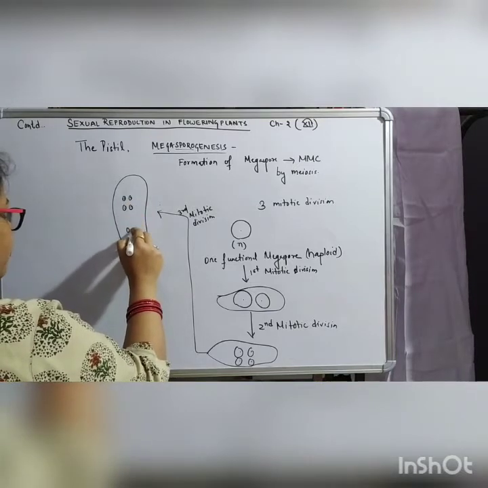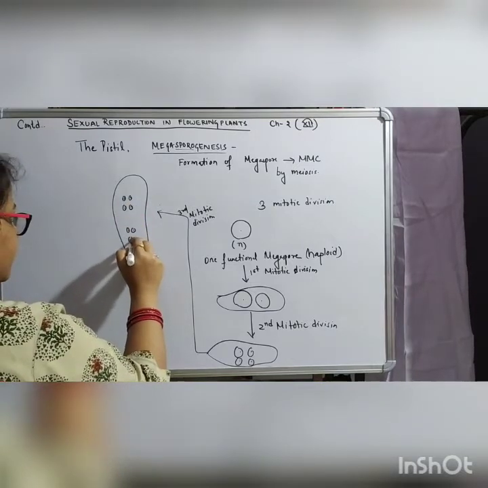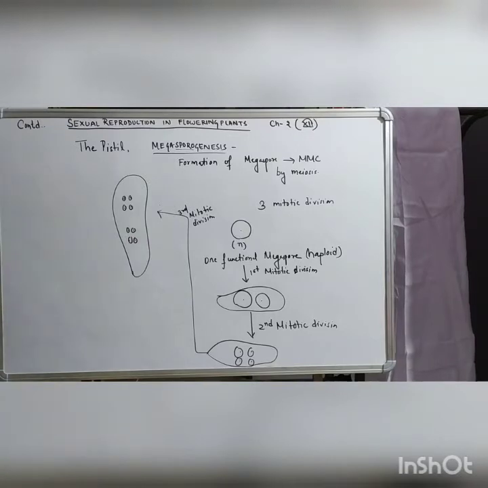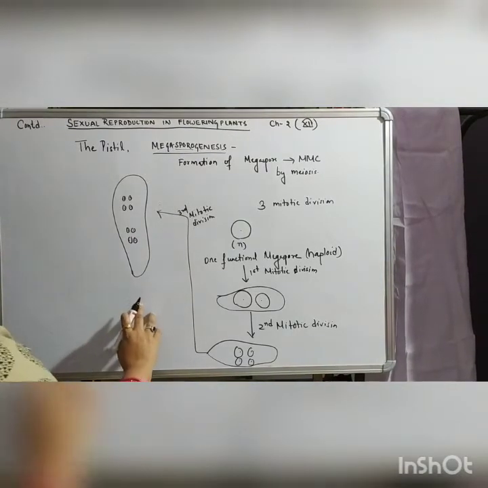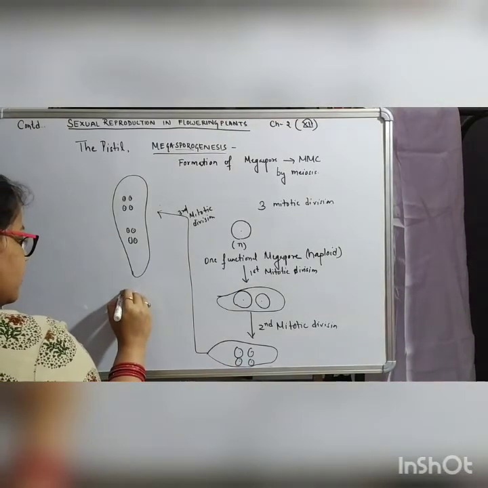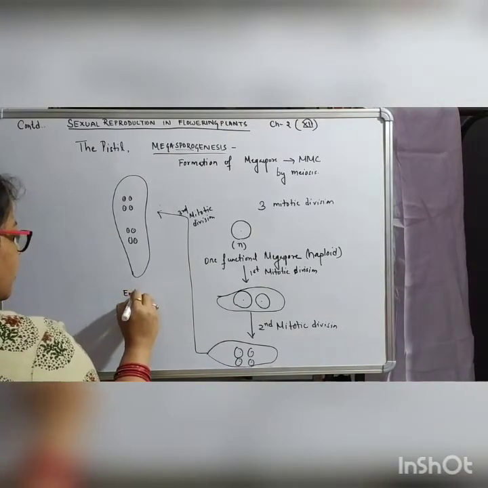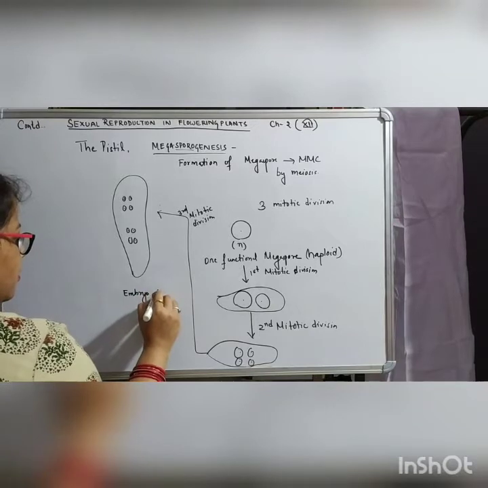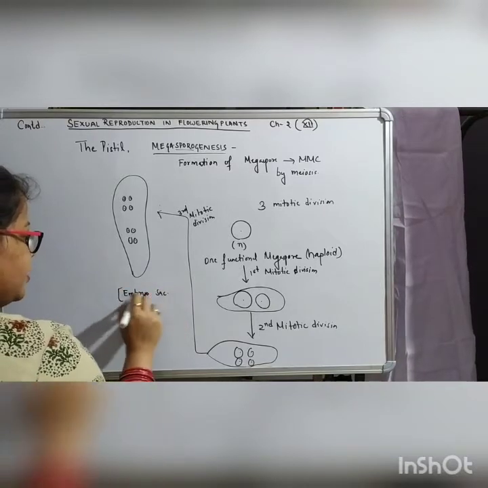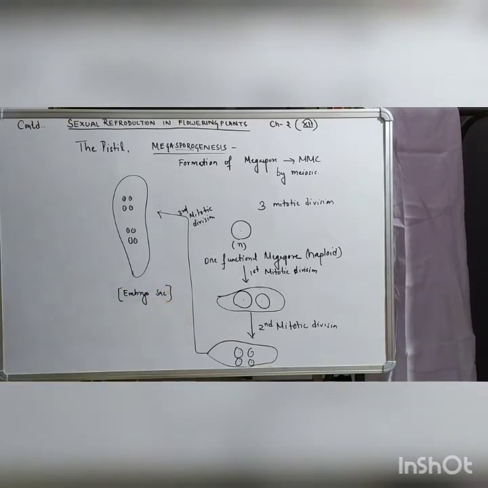Double of 4. What is it? 8. So we are ending up with 8 cells. Now this is an embryo sac, which is the end product of the process called megasporogenesis.